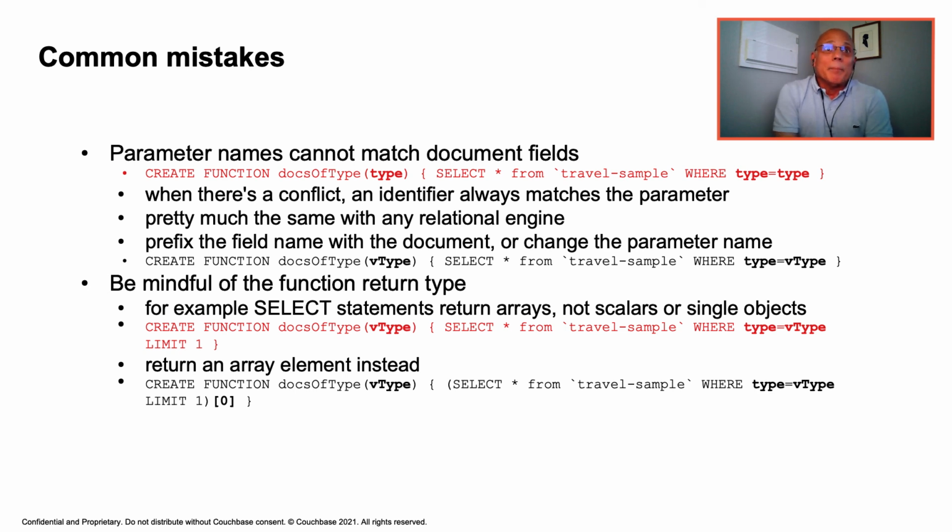The other tip that I wanted to pass on is that when you have a SELECT statement inside the function, the return value of that SELECT statement is an array. It's not a scalar. So even though you are selecting one document from your travel-sample keyspace, we are returning to you an array of one document.